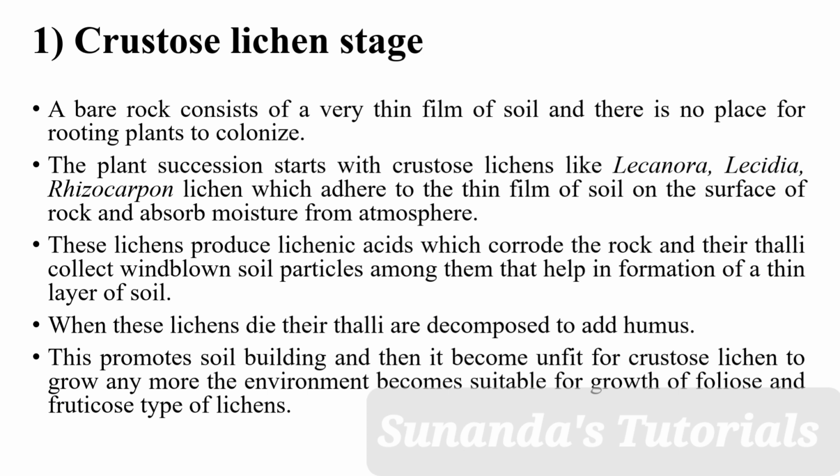The plant succession starts with crustose lichens like Lecanora, Lecidea and Rhizocarpon, which adhere to the thin film of soil on the surface of the rock and absorb moisture from the atmosphere. They produce lichenic acid, and when these lichens die, the thalli are decomposed to add humus to the existing soil. Humus is the organic layer present on the top of the soil.